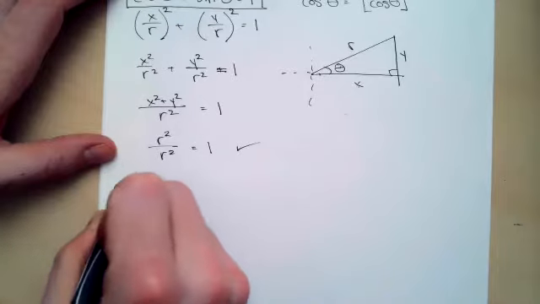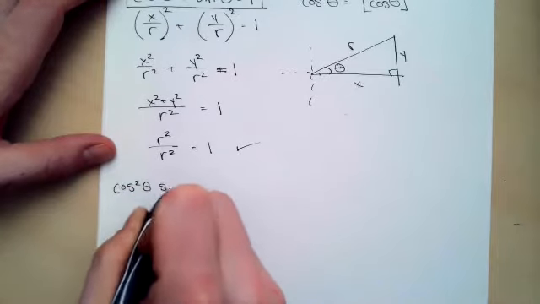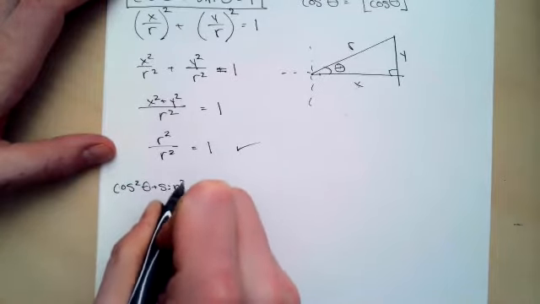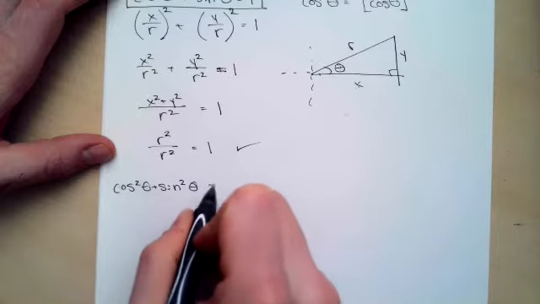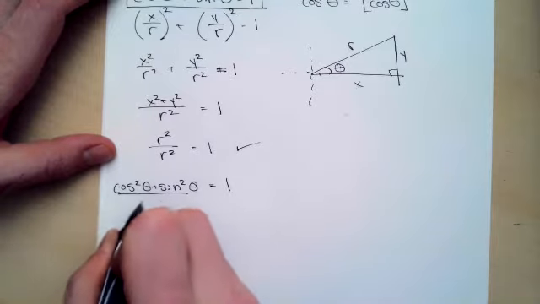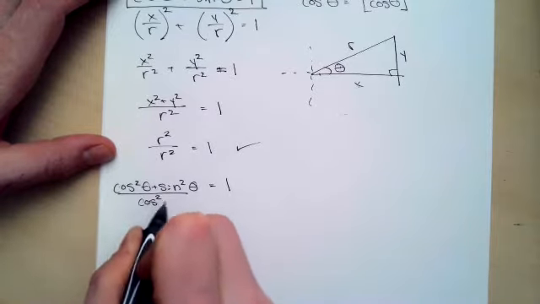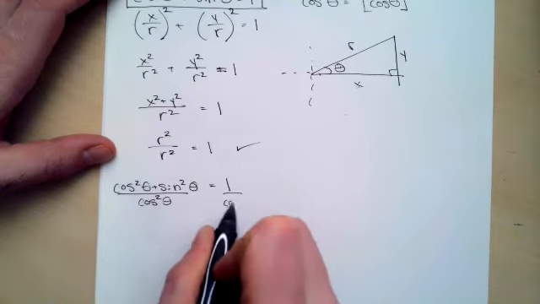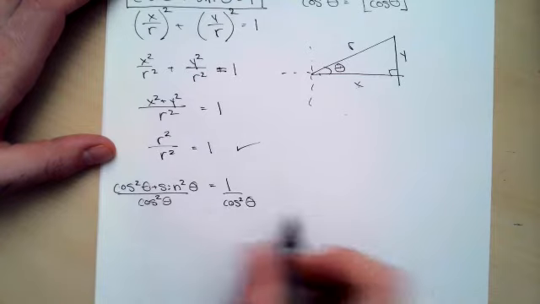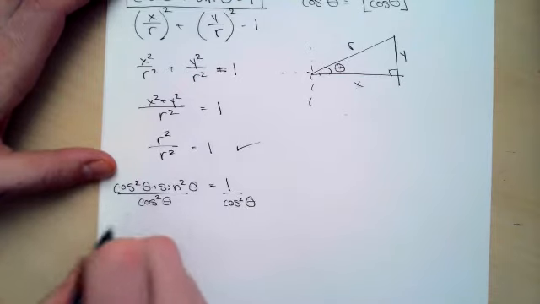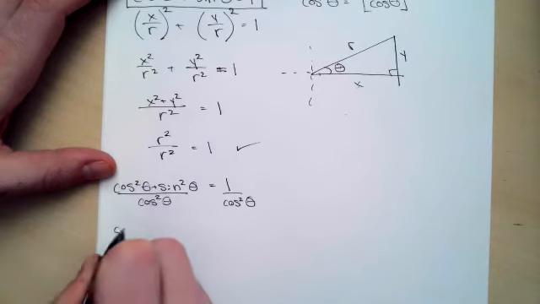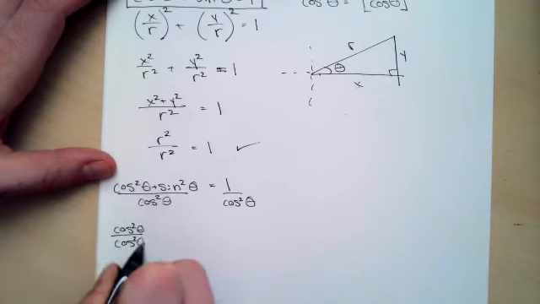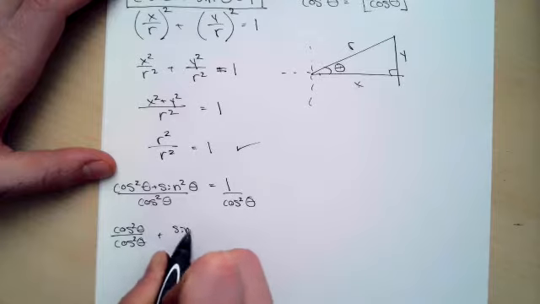If we actually start with this identity now, and we divide both sides by cosine squared of theta, then this is going to be cosine squared divided by cosine squared plus sine squared divided by cosine squared.